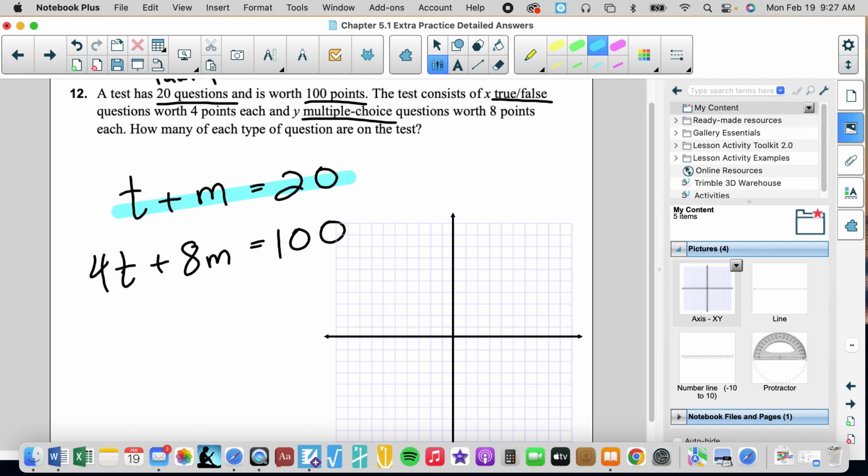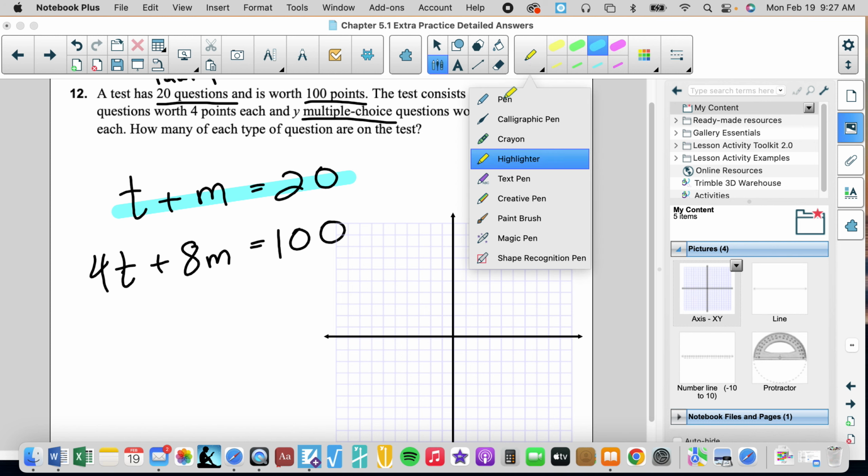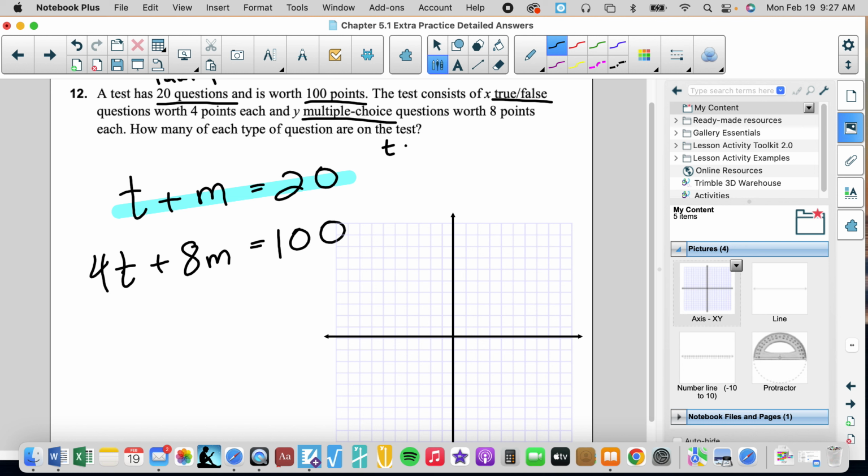Can we go by twos? If I do that, that's going to be 25. No. Let's see what we're dealing with. T-intercept is 20. M-intercept is also 20.